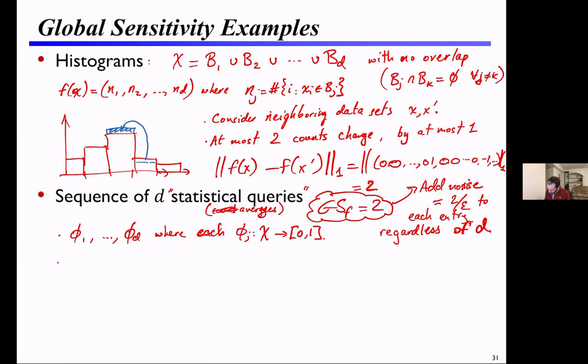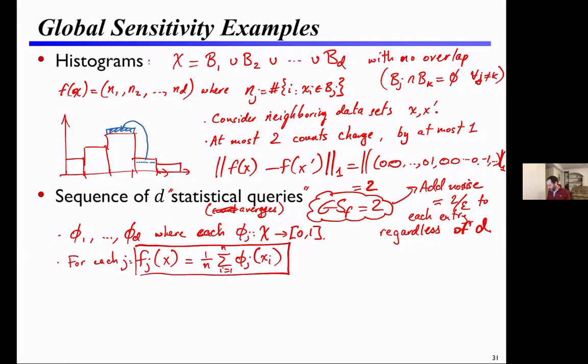And then for each j, we get a function f j, which is the average of this function phi over the data set: the sum over i equals 1 to n of phi j of x i, divided by n. So this is just an average of a bunch of terms.